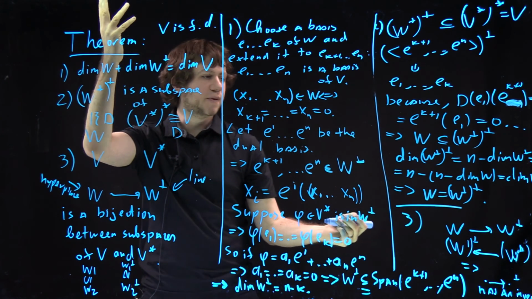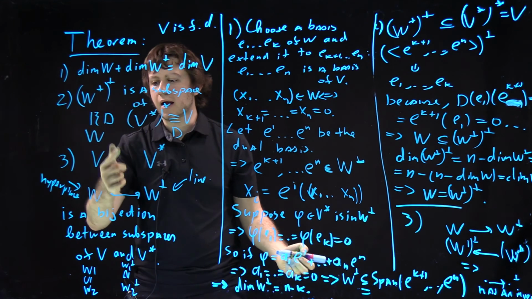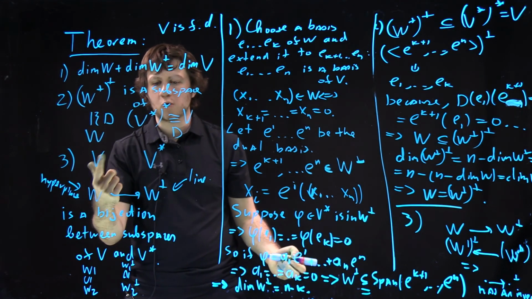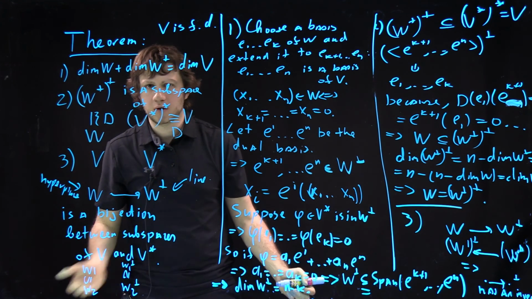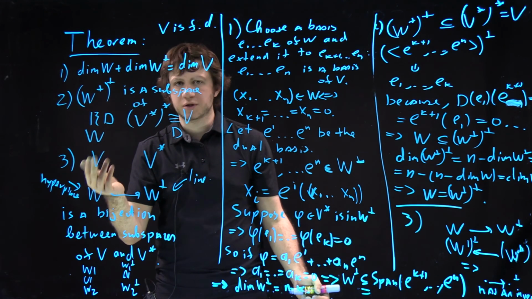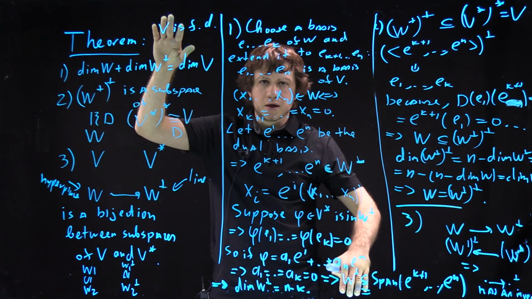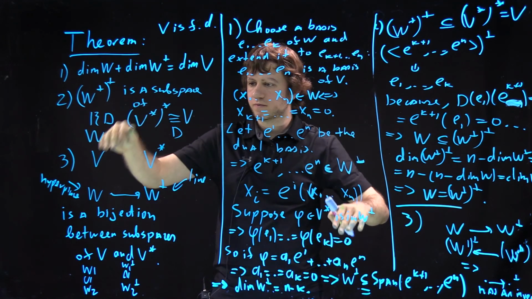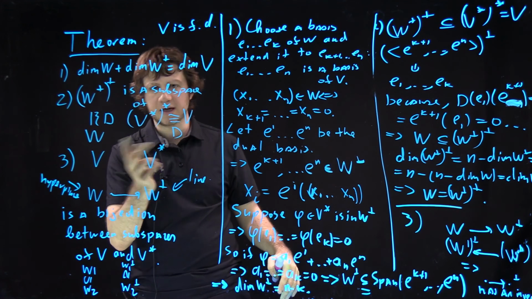And the whole vector space, of course, is dual to the 0 subspace, because if you take W equal to V, then you are looking at all linear maps which vanish on every vector in V, which is just the 0 map. And if you take 0, you are looking at all linear maps which vanish on 0, which is just the whole space. In this way, you have a correspondence between subspaces of V and subspaces of V star, which takes dimension to dimension n minus dimension.